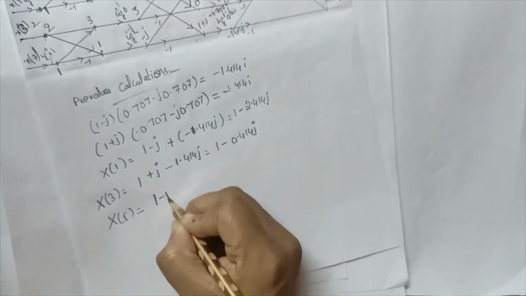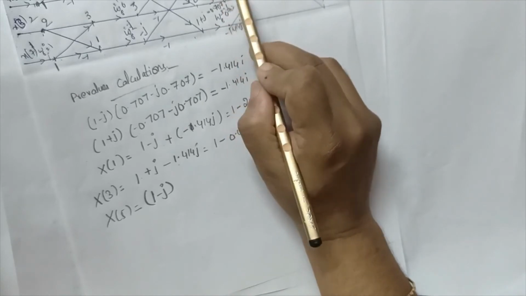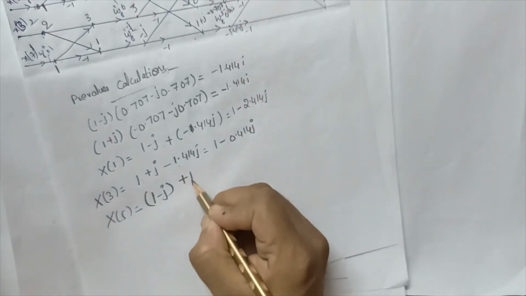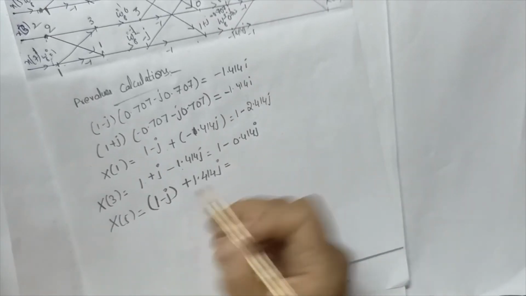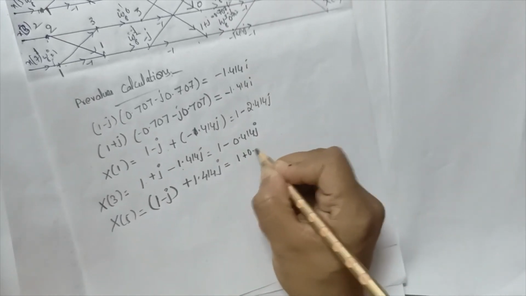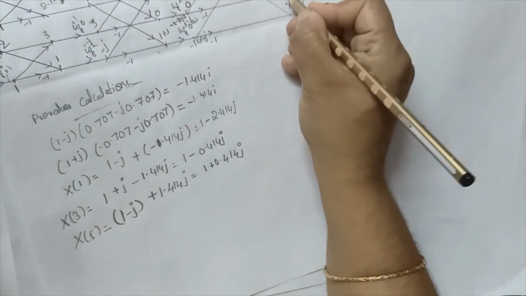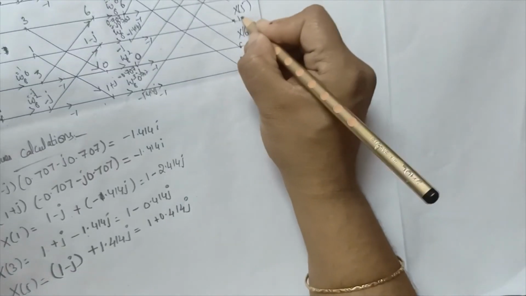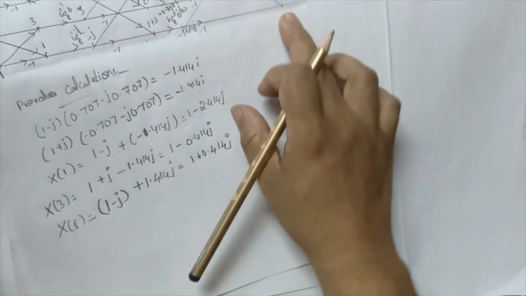From here the point is coming here from 1 minus j. So 1 minus j, minus of minus will become plus 1.414j. So that equal to 1 plus 0.414j, and x of 6 value is 0 and this value is 0.414j.